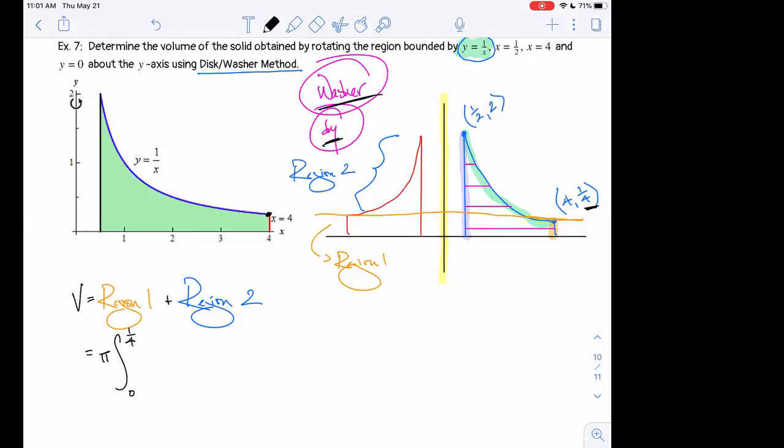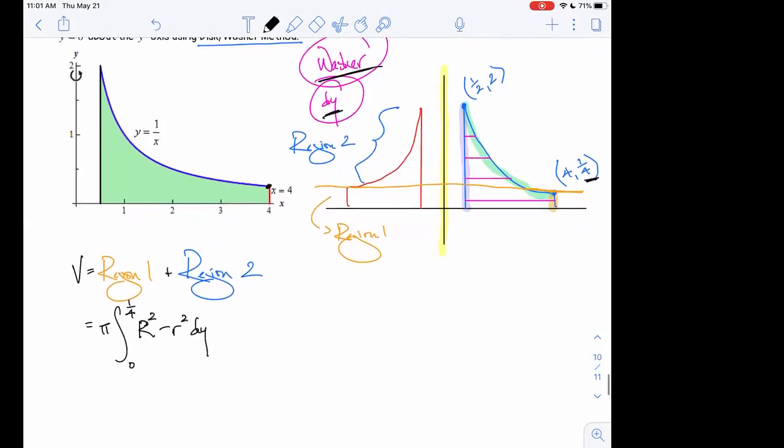Now, if I need to do right curve minus left curve, I'm going to need to do the big radius squared minus the little radius squared dy. Okay. Plus the volume for region 2 is going to be pi, the integral from the smallest y value in region 2, which is 1/4.